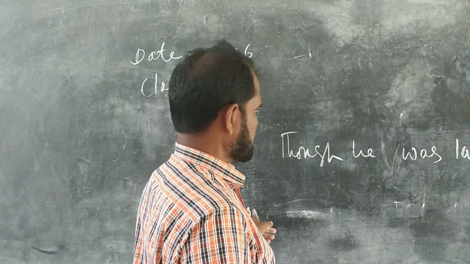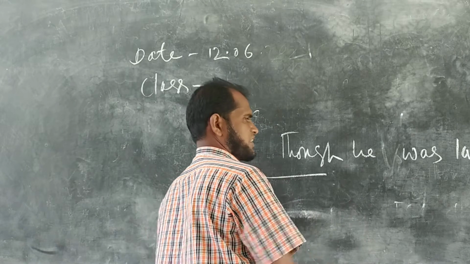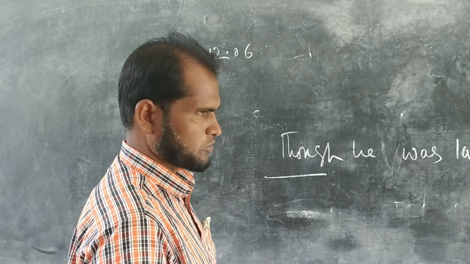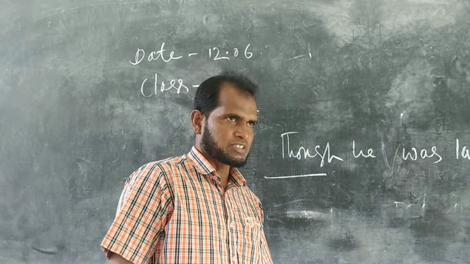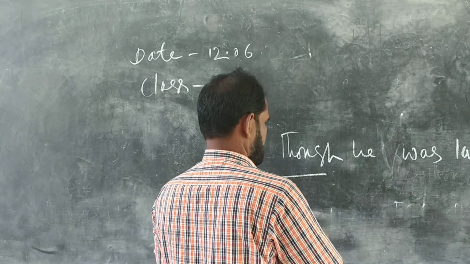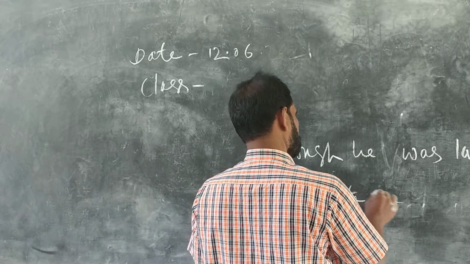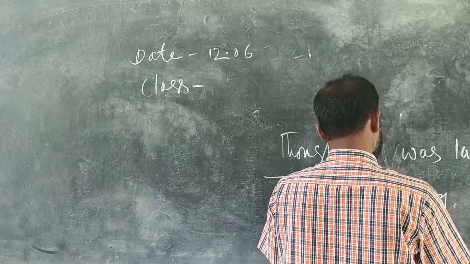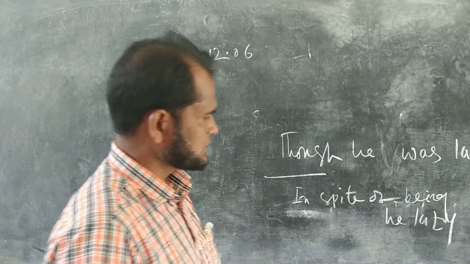Though he was lazy, you will have to make it a phrase. And how to make it a phrase? You have been told, that is, though he was lazy, in spite of. When there is though or although, to make it a phrase, in spite of or despite should be used. In spite of being lazy.